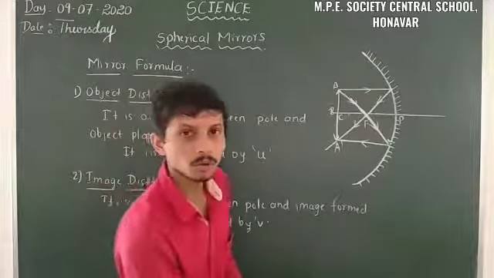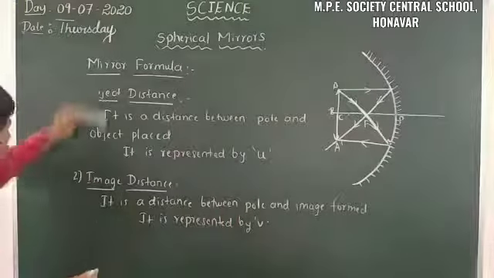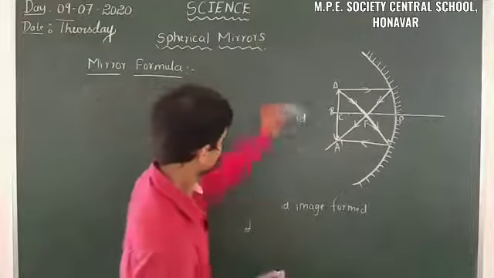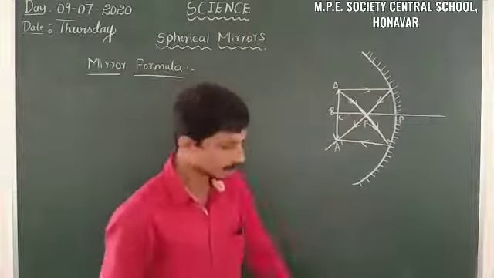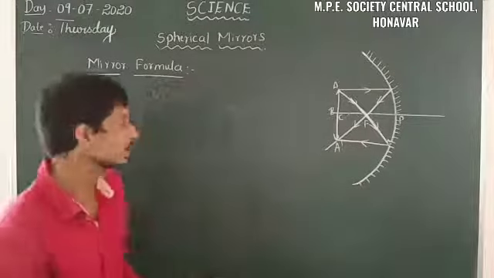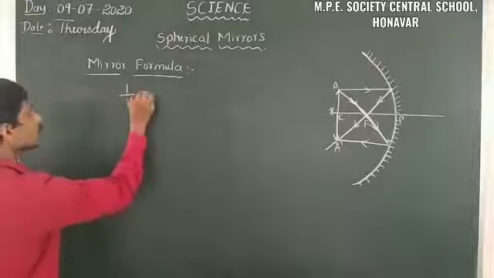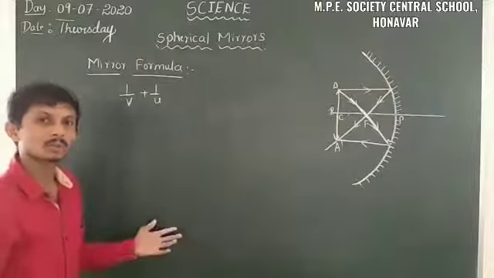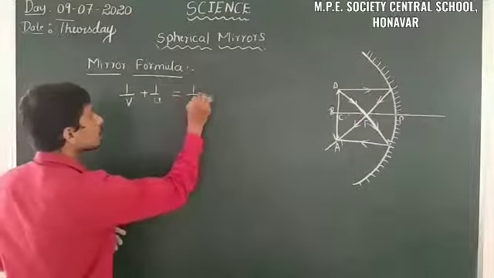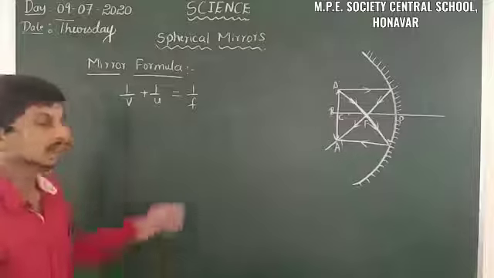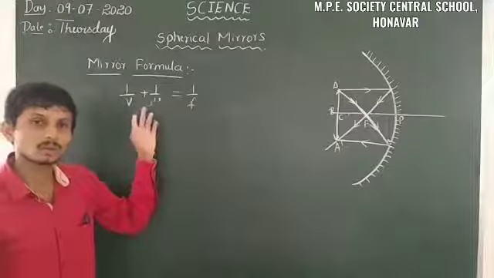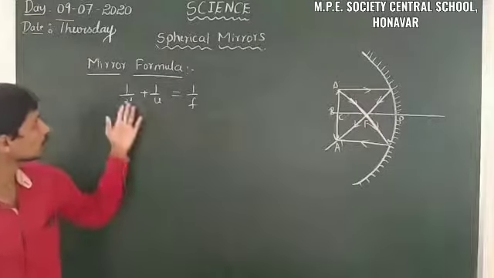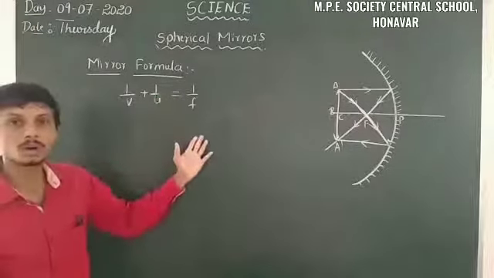Then we move on to the mirror formula. The mirror formula is 1 by v plus 1 by u is equal to 1 by f. You can write it in either order, 1 by u plus 1 by v, whichever way.